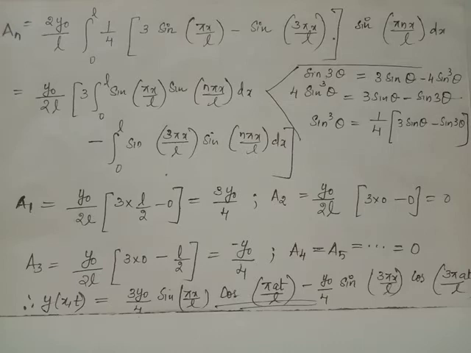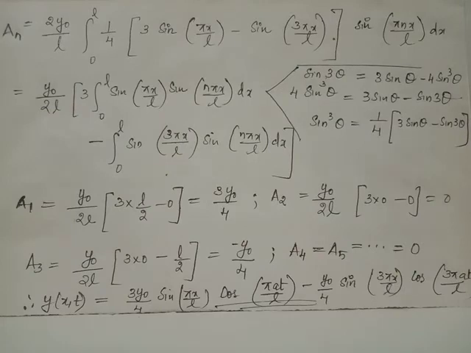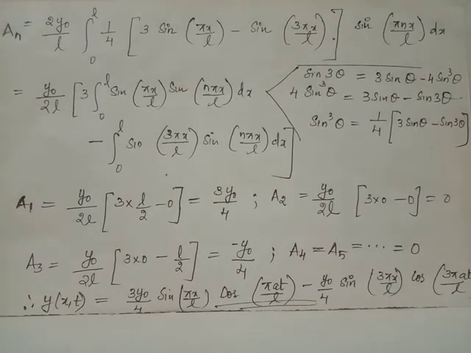When you give n equals 3, this integrand becomes sin pi x by L multiplied by sin 3 pi x by L, which becomes 0 because m not equal to n. Here we have sin 3 pi x by L multiplied by sin 3 pi x by L dx.